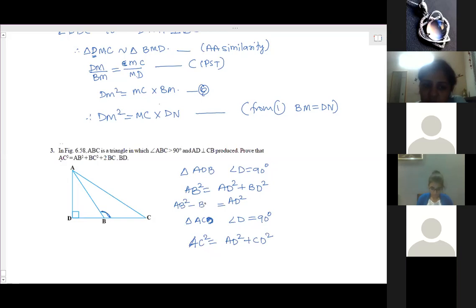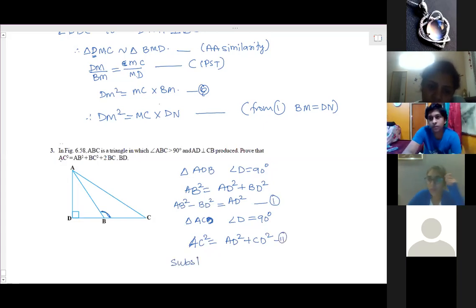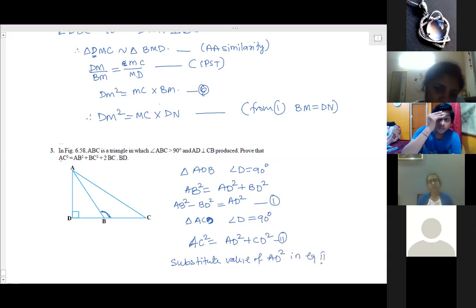AD square is AB square minus BD square. Make this equation 1 and substitute it in equation 2. Substitute the value of AD square in equation 2. So what we will get?